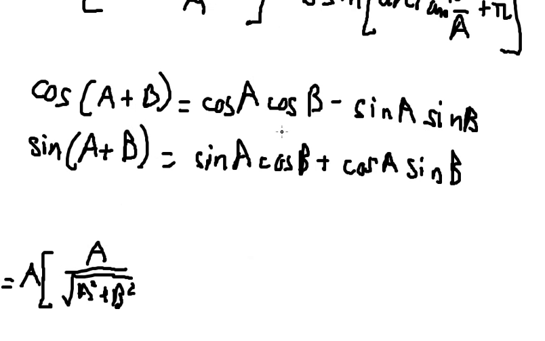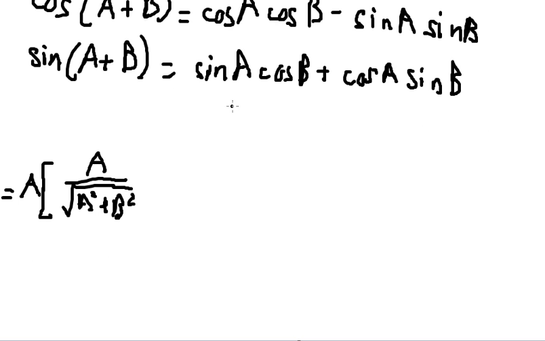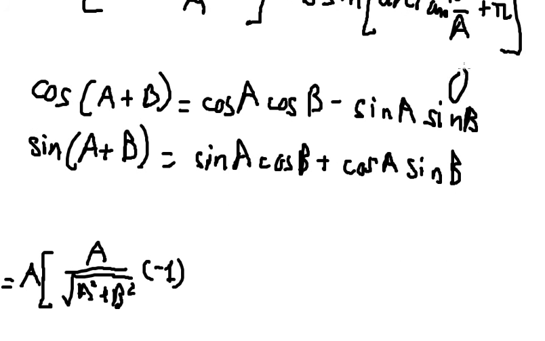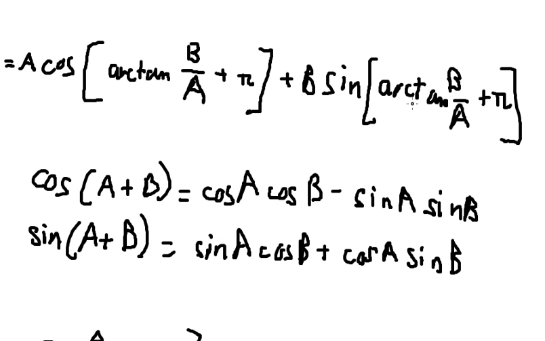So cosine of π in here is negative number 1. If we put sine π in here, we get 0. Now let's go to the second one. Sine with arctan, but we have cosine π, that is negative number 1.